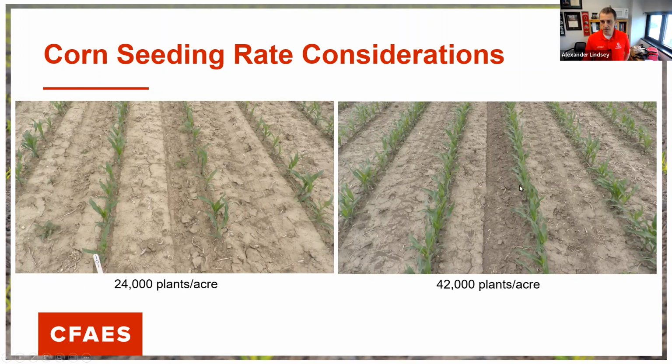The same row spacing is employed, but the number of plants within the row, or the density within the row, has decreased to increase the seeding rate to 42,000 plants per acre. This is a fairly common practice, and it's possible that this might not be the best seeding rate to optimize yield, and this one may not be either. So where do we find that balance?